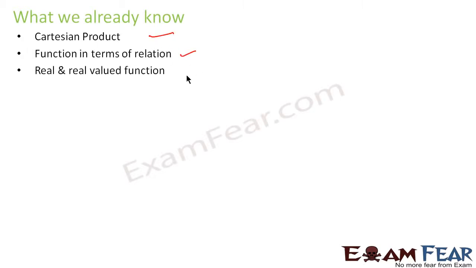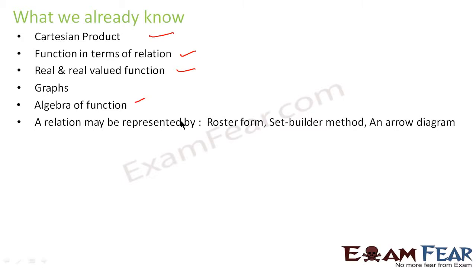Before going ahead with relations and functions, let's recapitulate what we have learned in our previous classes, in class 11th, I think. If you are not aware of all the things mentioned in this slide, please go and watch the class 11 videos. I assume that you already know what a Cartesian product is, what functions are in terms of relations, what a real and real valued function is, what the algebra of functions is, how to represent a relation by roster form, set builder form and arrow diagram, and range and codomain.